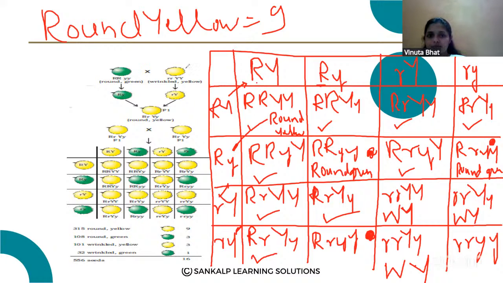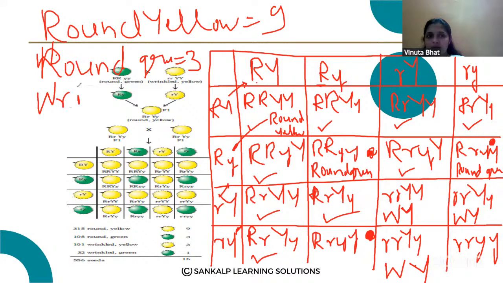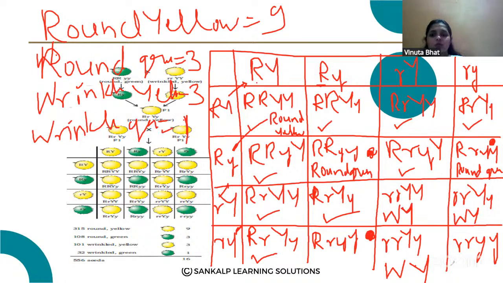Then round green seeds, that is 3. Then wrinkled yellow seeds, that is also 3. Then wrinkled green seeds, that is 1.